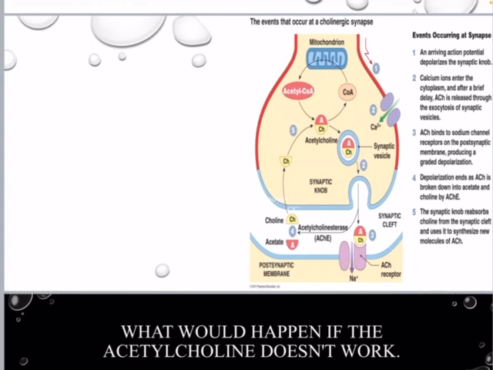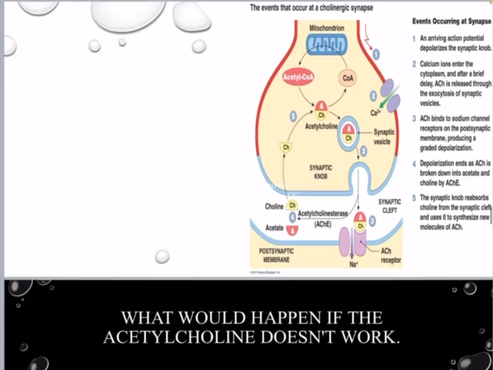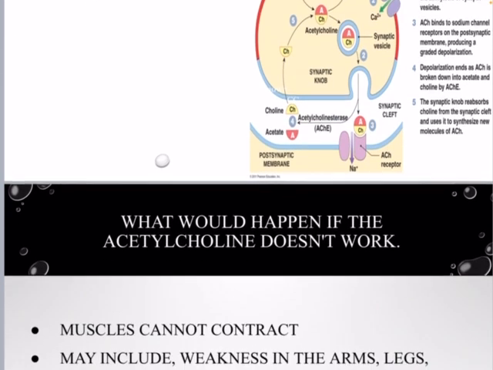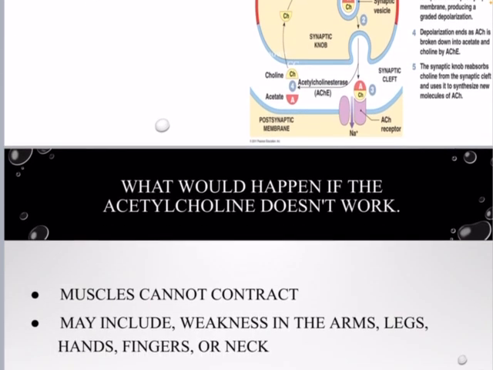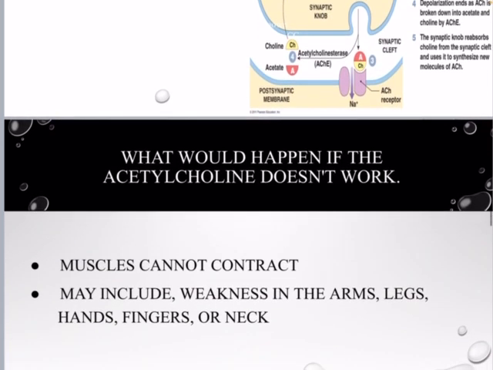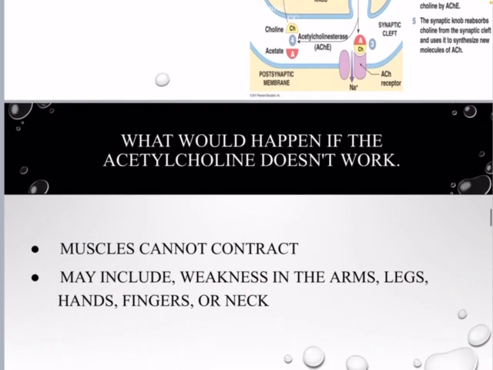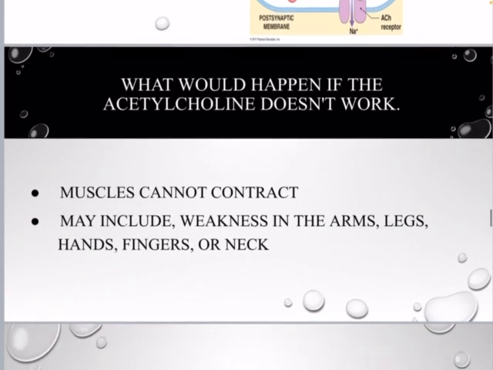Depolarization ends as ACh is broken down into acetate and choline by AChE. The synaptic knob reabsorbs choline from the synaptic cleft and uses it to synthesize new molecules of ACh.